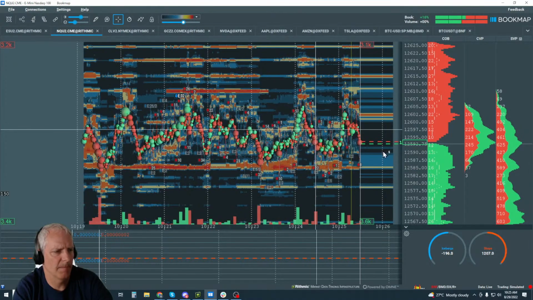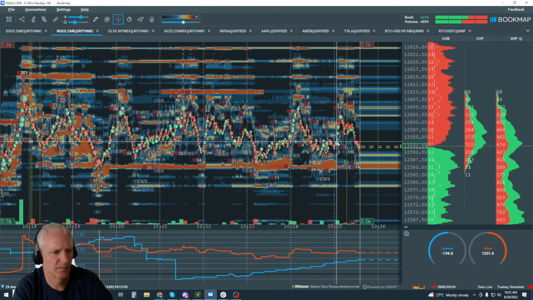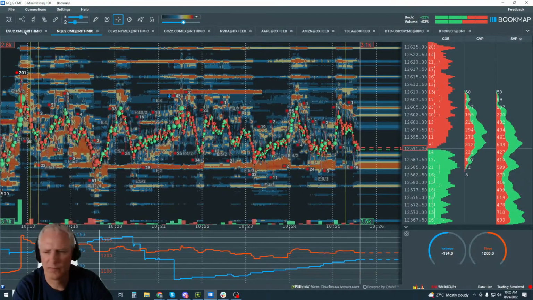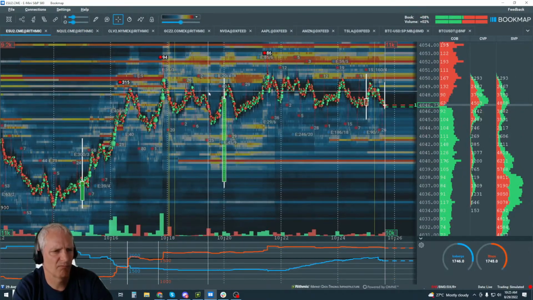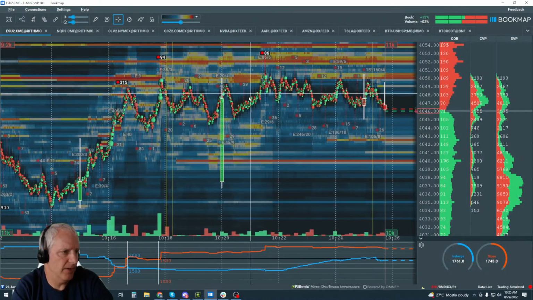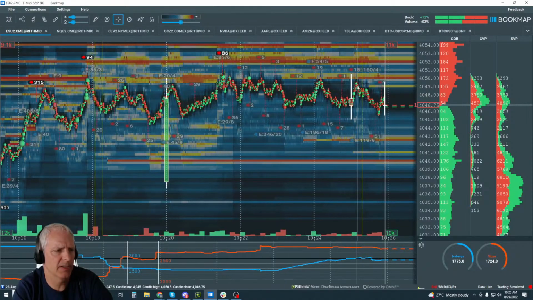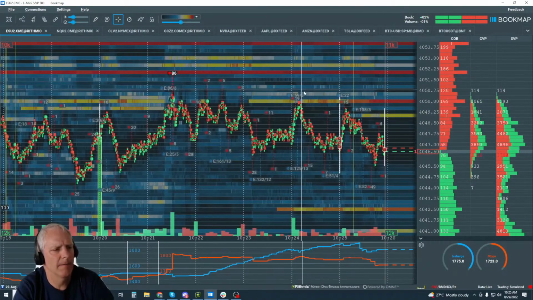And it's struggling. It's struggling too. All right, well, if the buyers can't do it, even on our higher time frame here, we're looking at this 15-minute chart here. If we get another big wick up here, I think the buyers are done. But let's take a look here. Let's zoom in.